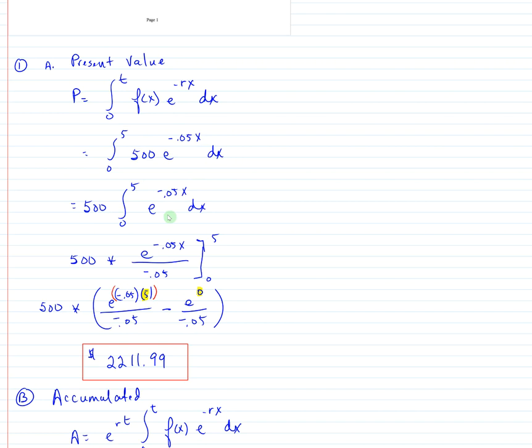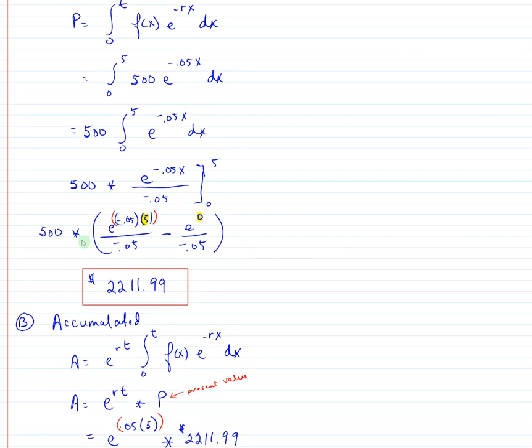Remembering that the integral of e to the kx is e to the kx over k, you have negative 0.05 underneath as well, evaluated at 0 and 5. So we're plugging in 5 here, and then we'll subtract e to the 0.